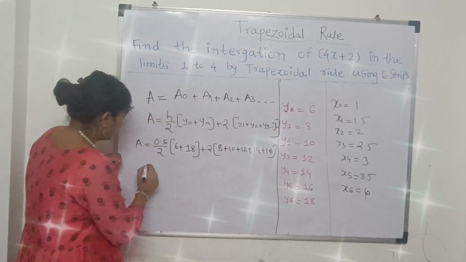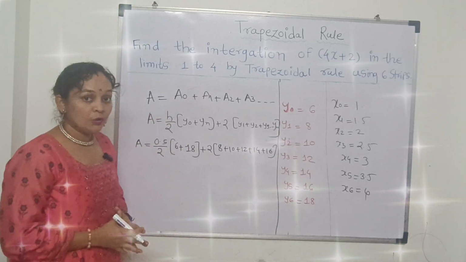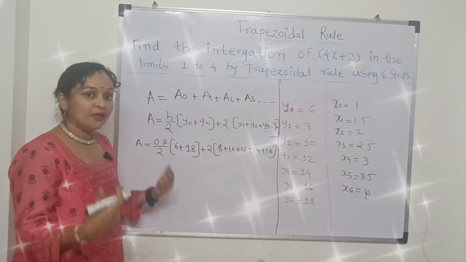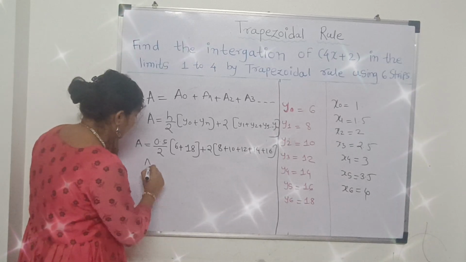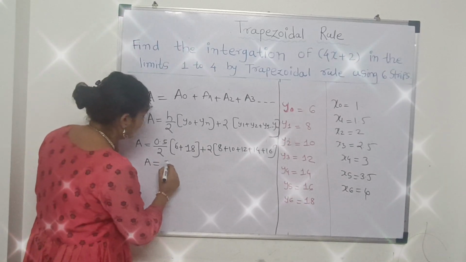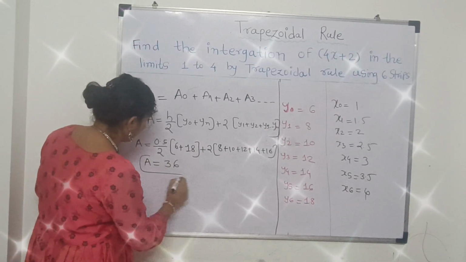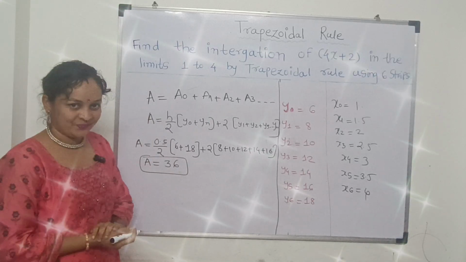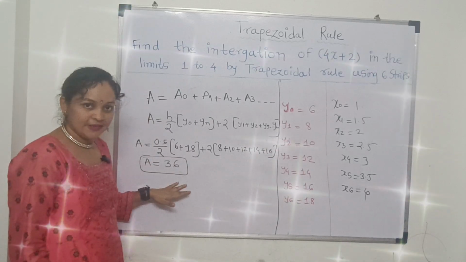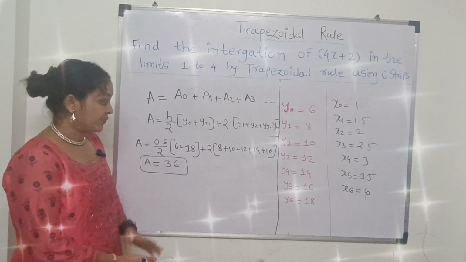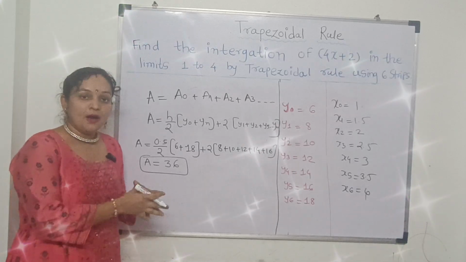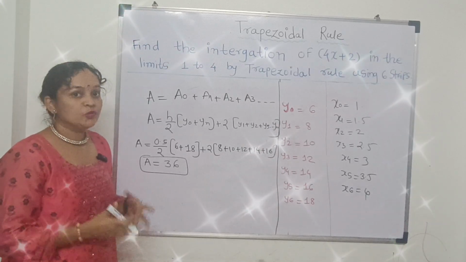So this whole area, including the segments, by simple calculation gives an area of 36. So this is the complete answer of this numerical through the trapezoid rule.